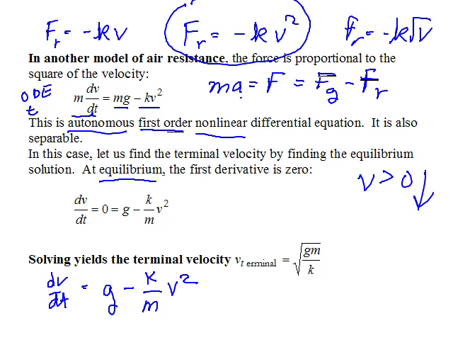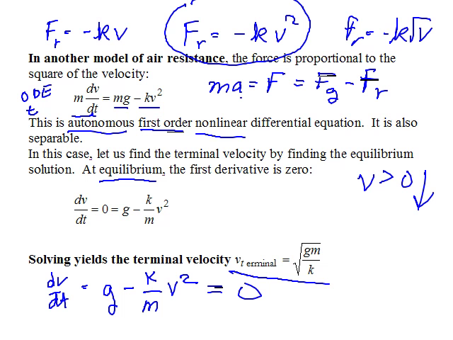I need this equal to 0 for the terminal velocity, for the equilibrium solution. Solving, I find that the terminal velocity is equal to the square root of acceleration due to gravity times the mass divided by the constant for the resistive force.